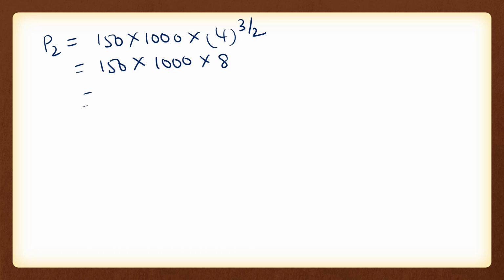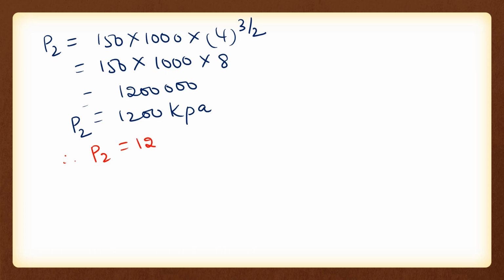That is equal to 1200 into 1000 we are getting. So 1200 kilopascals. This is the final pressure. Therefore, P2 is equal to 1200 kilopascals.